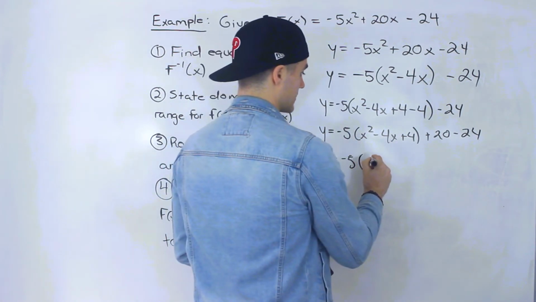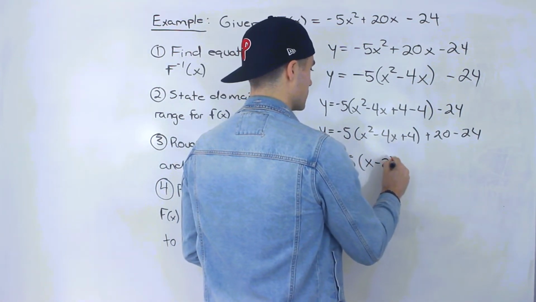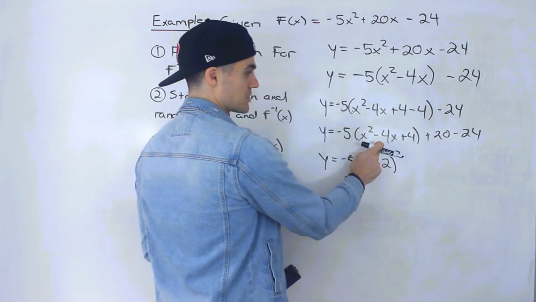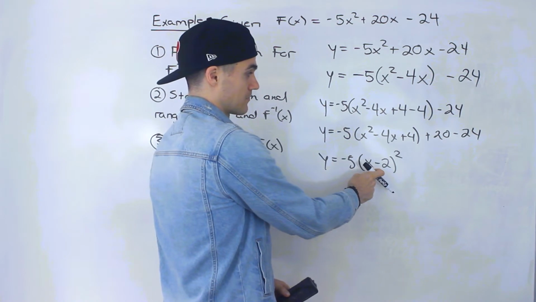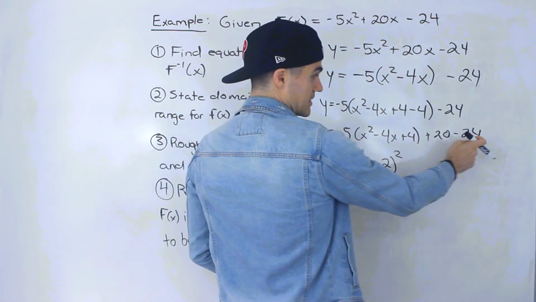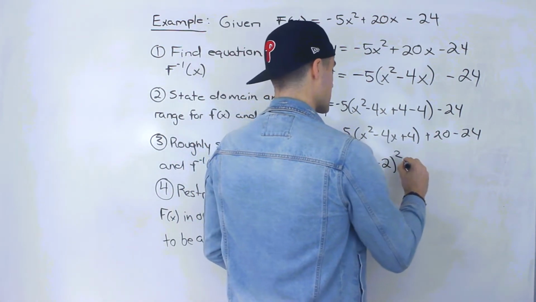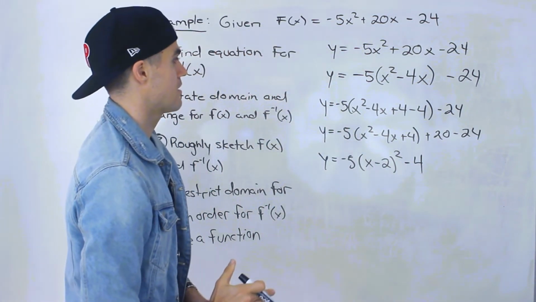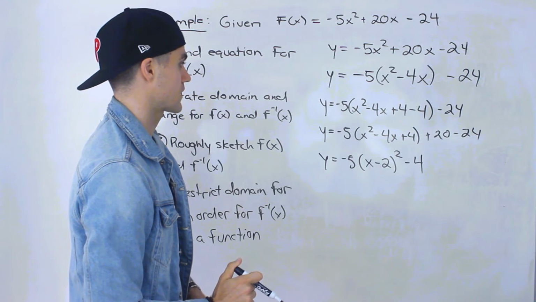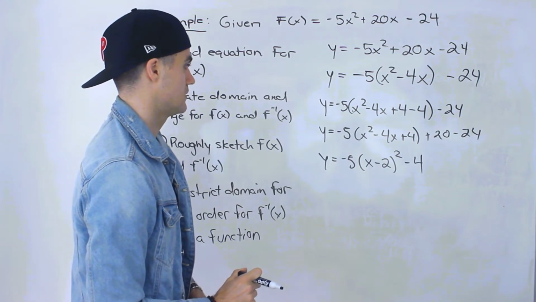When we factor it, it ends up being x minus 2 squared. This value is always going to be half of this value, and this sign is always going to be the same as that sign. And then 20 minus 24 gives us negative 4, like that. I think that is correct. Yeah, it looks good.